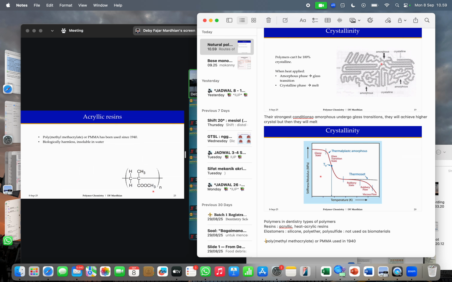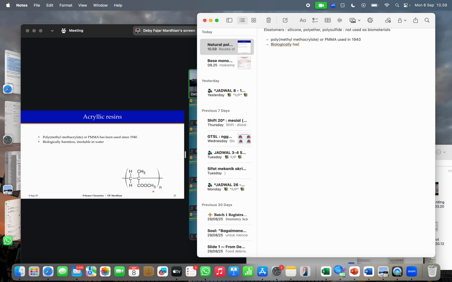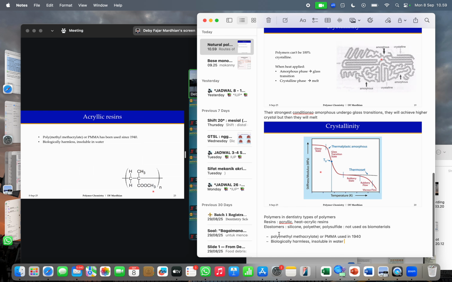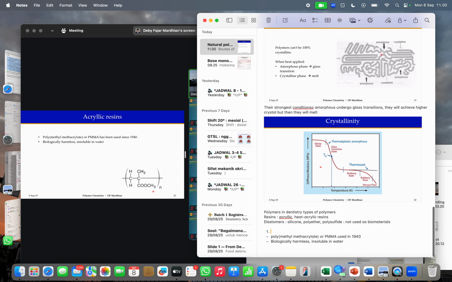However, when we have PMMA in their liquid or powder forms, they may exhibit toxicity. They may exhibit carcinogenicity. But once they set after the reaction of polymerization, they are fully safe to use as biomaterials.